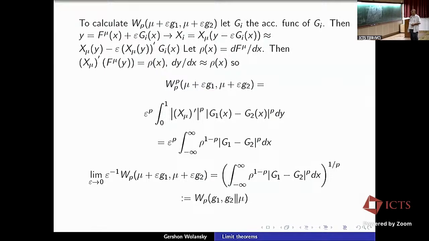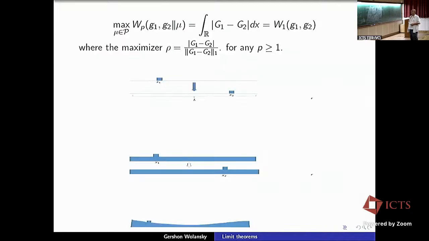You can easily solve for this, and we find out the minimum happens if rho is a constant.